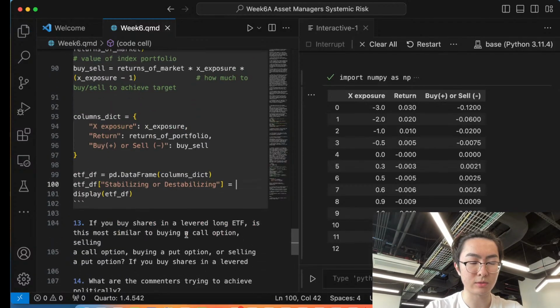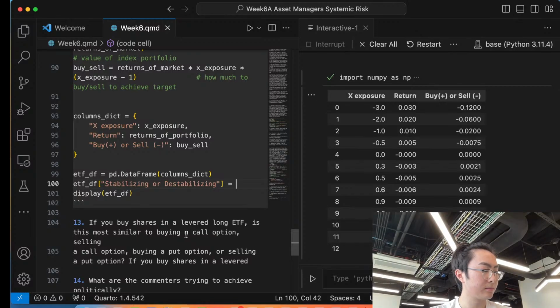So this is equal to, I wonder if there's a DataFrame map.